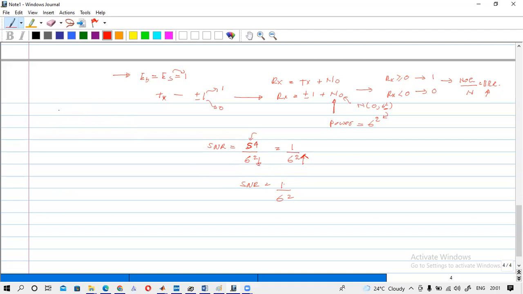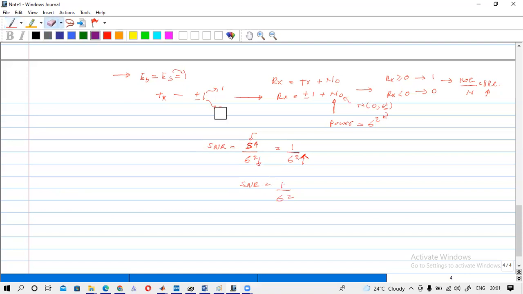If we have a low SNR value, it will create some issue, it will create some bit error. Normally this SNR is represented in dB.